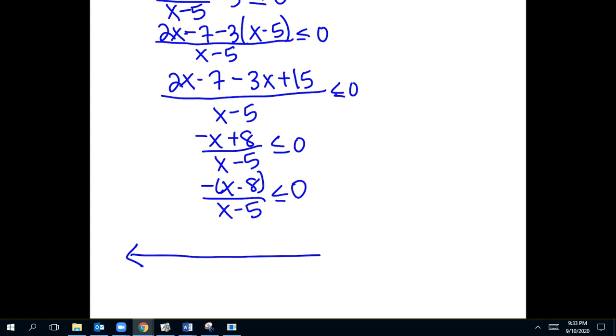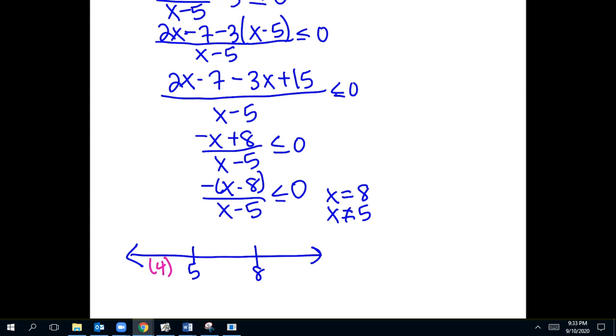Okay, now we can follow the rest of the rules. We have a number line. If I look at my 0, I know that x equals 8, and then I know that x cannot equal 5. So 5 and 8 are my 2 values of interest. A number less than 5 is 4. If I plug in 4, I get a negative, but then I multiply it by a negative, it becomes positive.